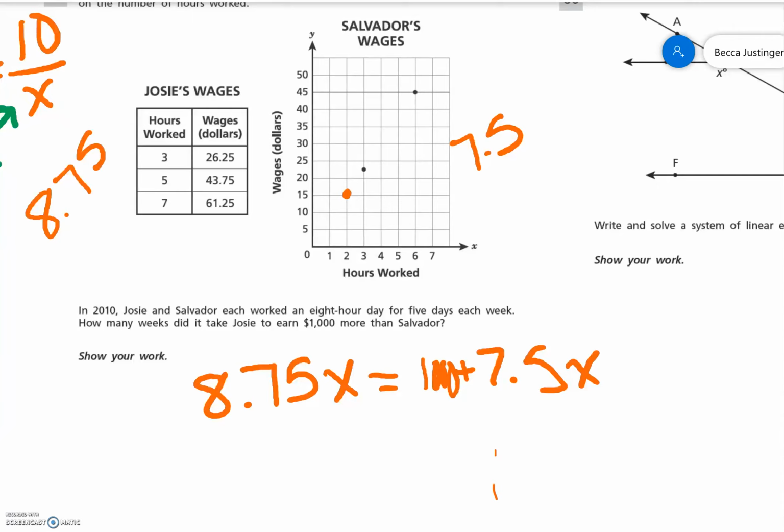If they work an 8-hour day times 5 days in a week, that means they work 40 hours in a week, and we multiply by their wage of 8.75. That means that Josie makes $350 in a week. And then Salvador, if he works 40 hours in a week, he makes $300.